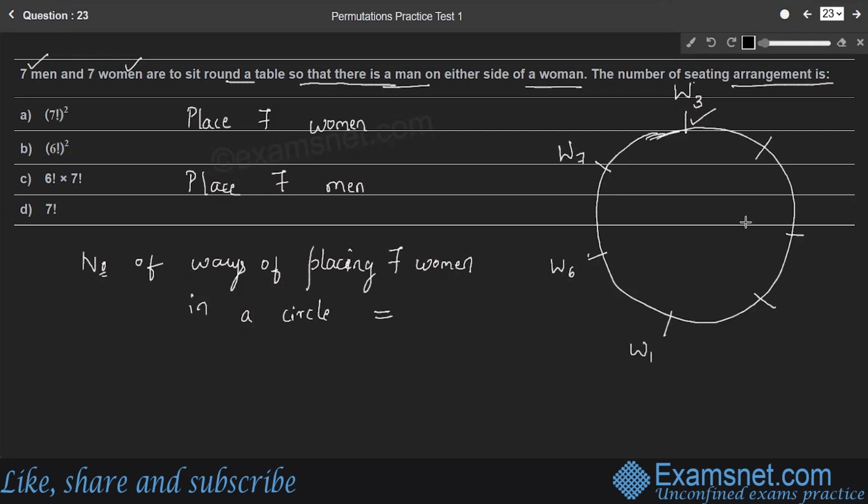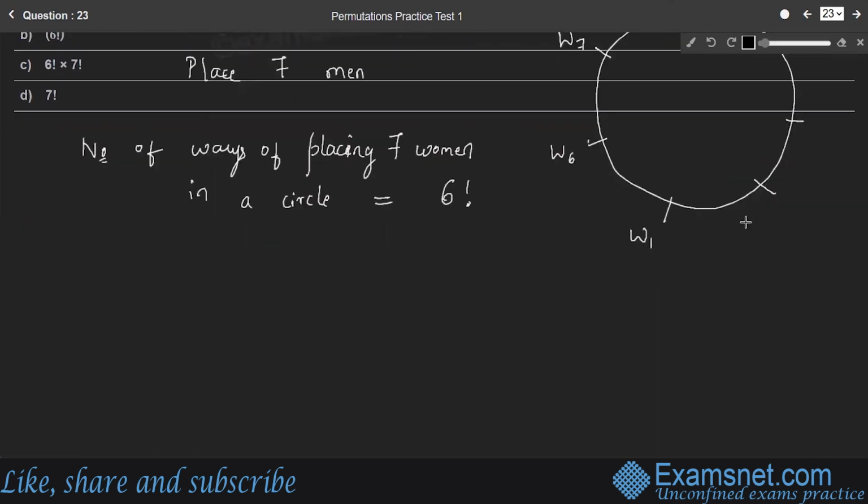If you place these 7 women in a circle, you have to end with the same place, which means W3. Therefore, the number of ways of placing 7 women in a circle is factorial 6. We need to consider the positions of the remaining 6 women, since there are 7 women, W1, W2, W3, W4, W5, W6, and W7.